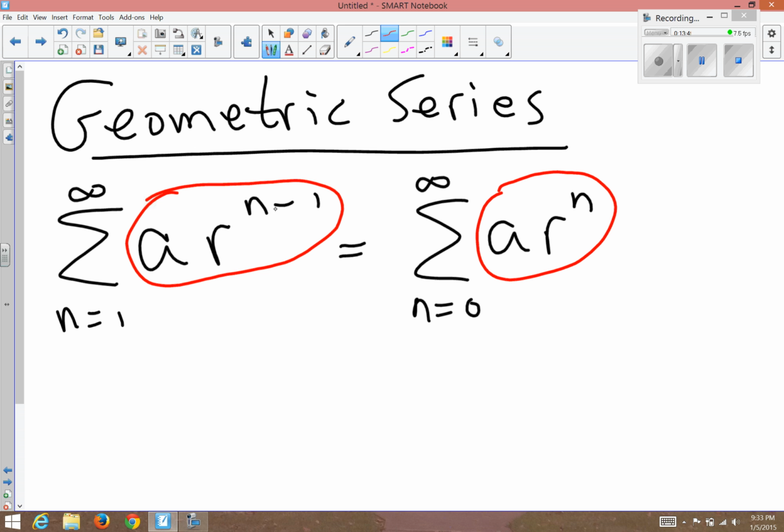If the exponent is n minus 1, the starting n is 1. If the exponent is just n, then the starting n is 0.